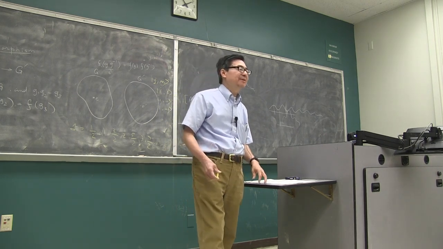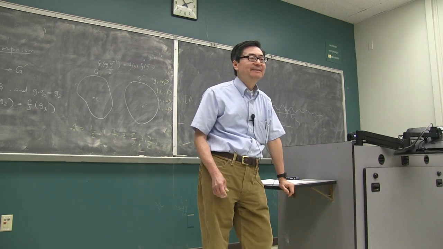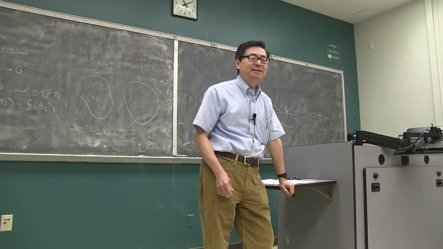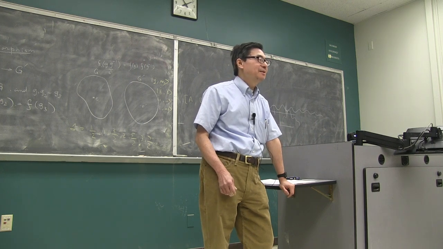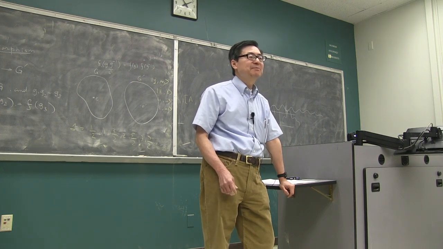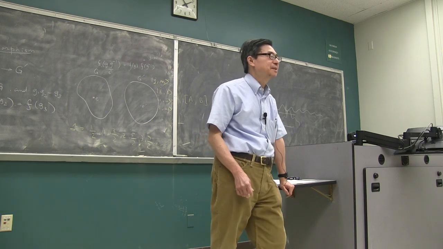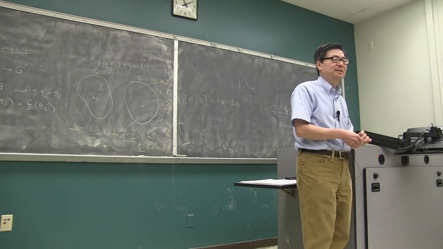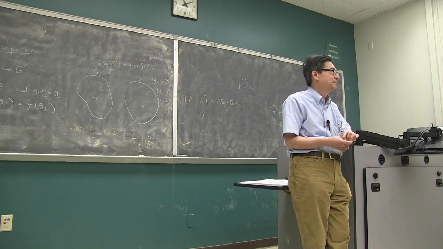The commutator of X and P is i h-bar. It only commutes when h-bar is equal to 0. That's why we say that h-bar equal to 0 is the limit of quantum mechanics which becomes classical mechanics. But how to take that limit is not entirely clear.